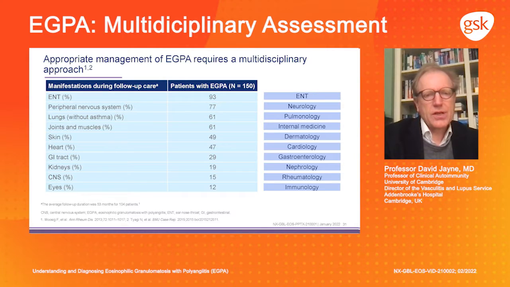And this puts a premium on trying to collate EGPA patients into a relatively small number of larger clinics, because then the individual organ specialists supporting the EGPA service will develop more experience of the varying EGPA manifestations. It's also important to say that this list is not exhaustive. For example, EGPA patients become pregnant, and then you're talking to maternal-fetal medicine doctors or obstetricians about them. So pretty well any part of the hospital can be involved with an EGPA patient.